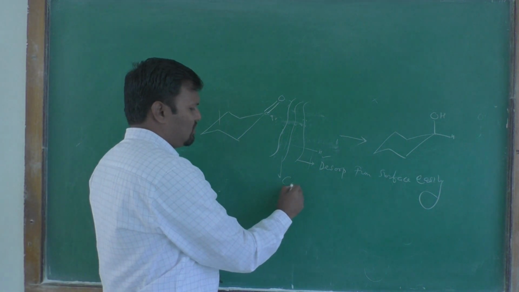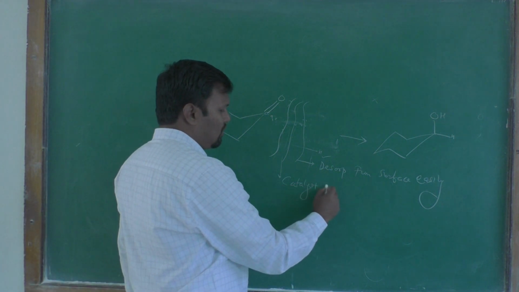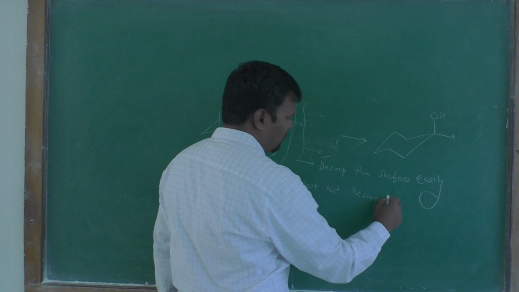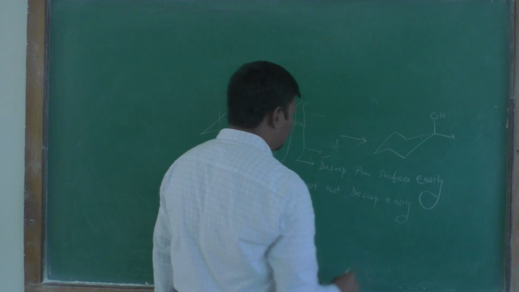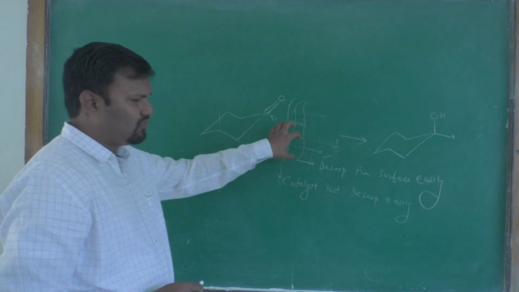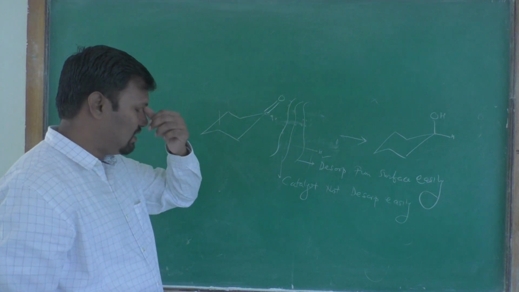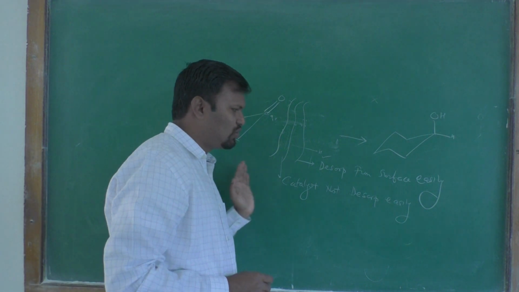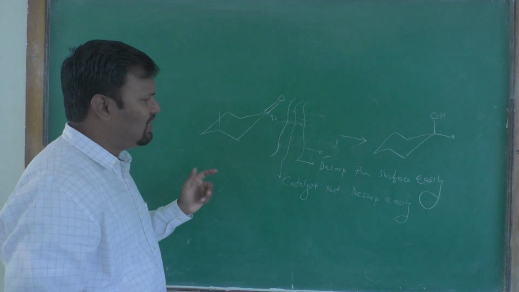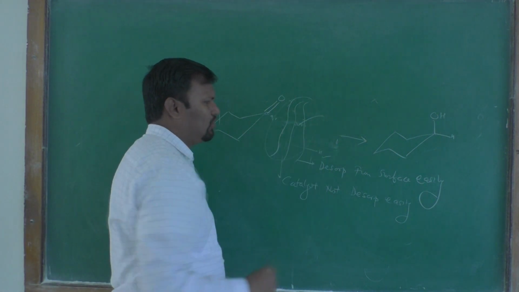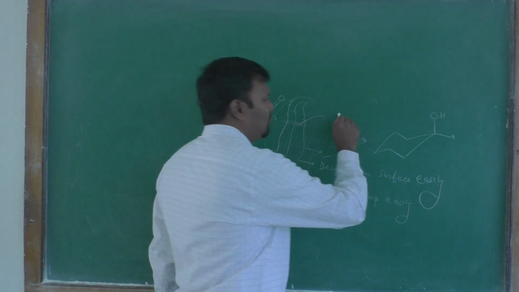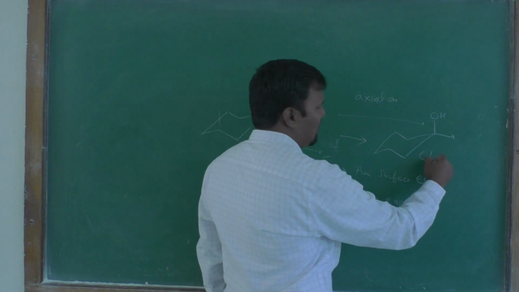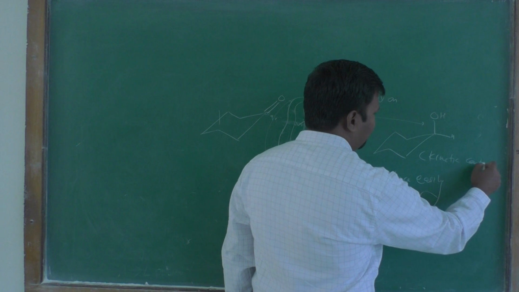But if the catalyst does not dissolve or get removed easily, it remains entangled with that side, it means the reaction goes slowly. If the catalyst is easily removed from that side, then we obtain our axial hydroxyl group. This is the kinetically controlled product.